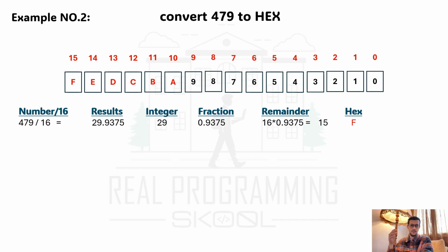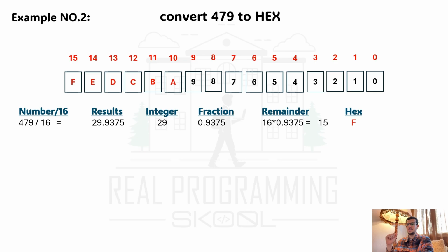As we said in the last example, while the integer number is bigger than the base number, 16, because hexadecimal is base 16, we repeat the process again.